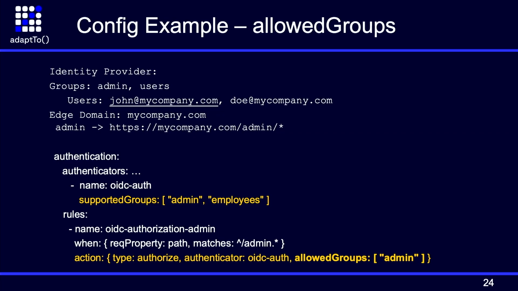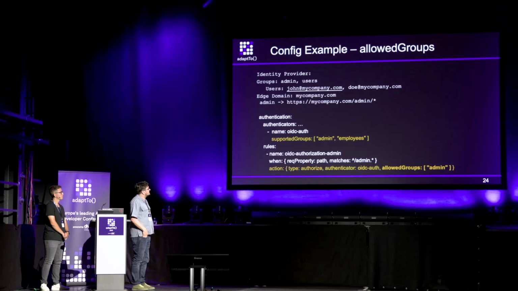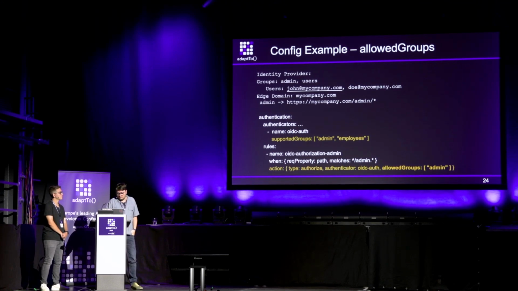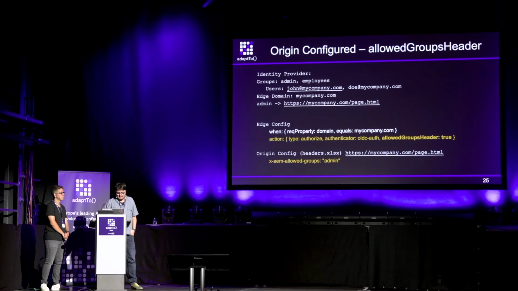We can configure the supported groups from the IDP and then enforce rules based on the group information that is coming from the IDP. This requires also some more configuration on the IDP side to send also the group claim, but it's working pretty well.